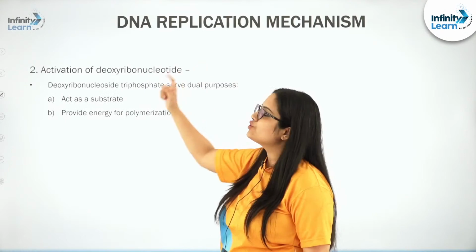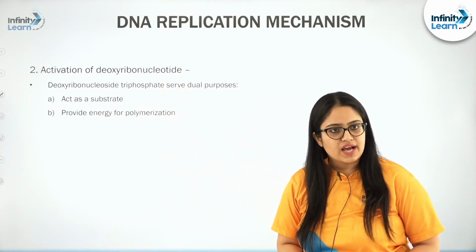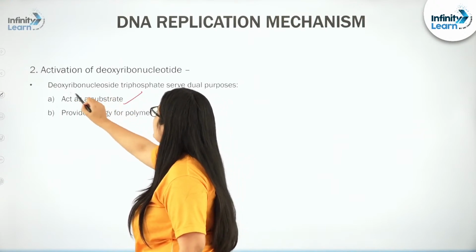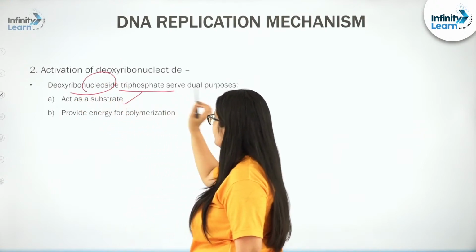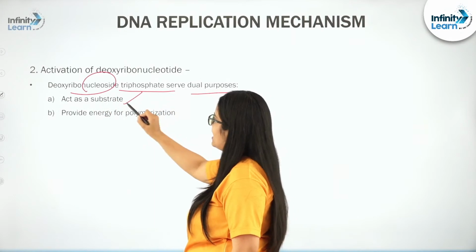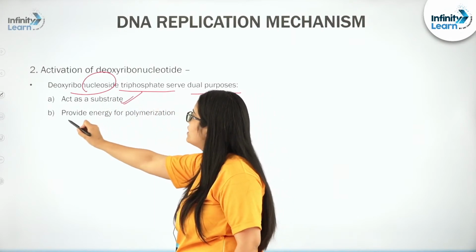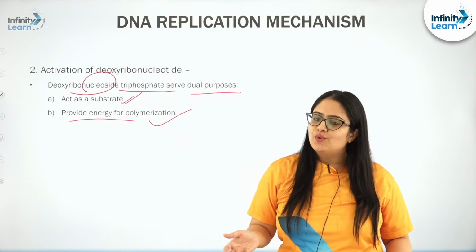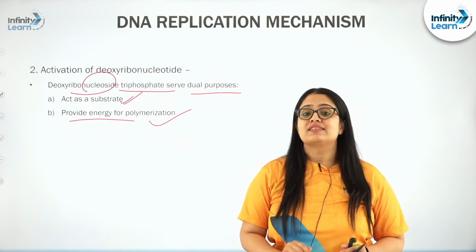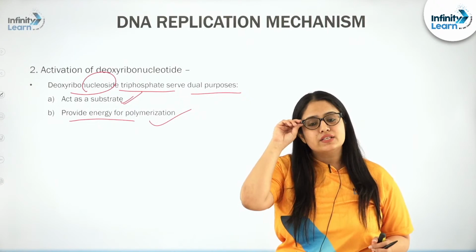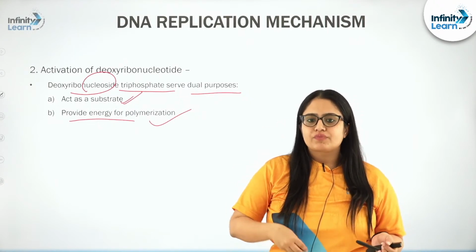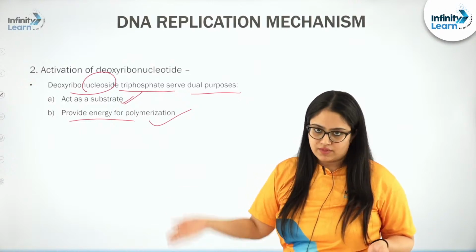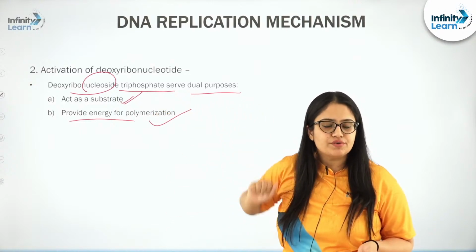So activation of deoxyribonucleotide is required for 2 things. Deoxyribonucleoside triphosphate serves a dual purpose: it acts as a substrate as well as provides energy for polymerization. So see students, what are we studying? We are trying to understand DNA replication and DNA is made up of what? It is a chain of deoxyribonucleotides, right?